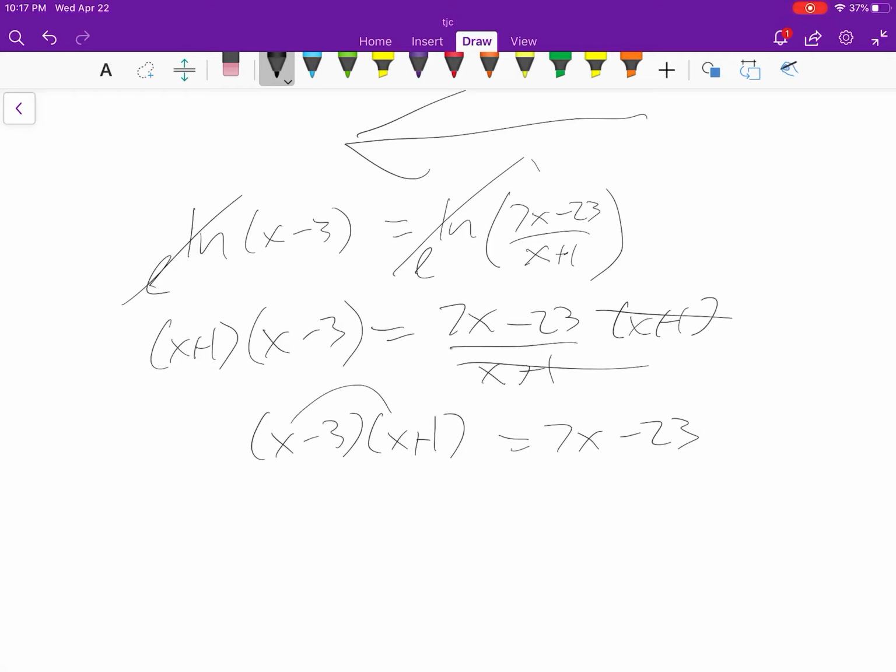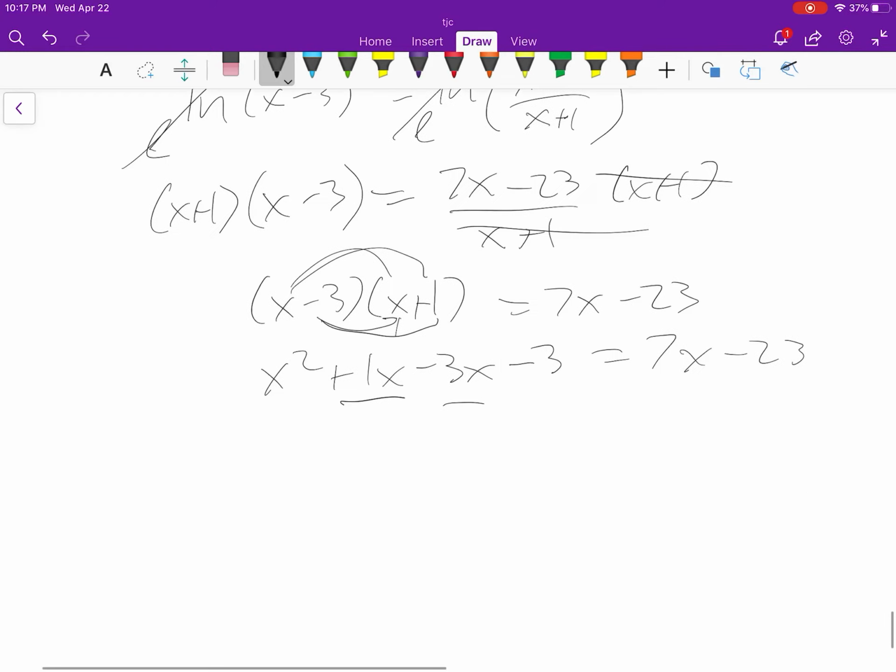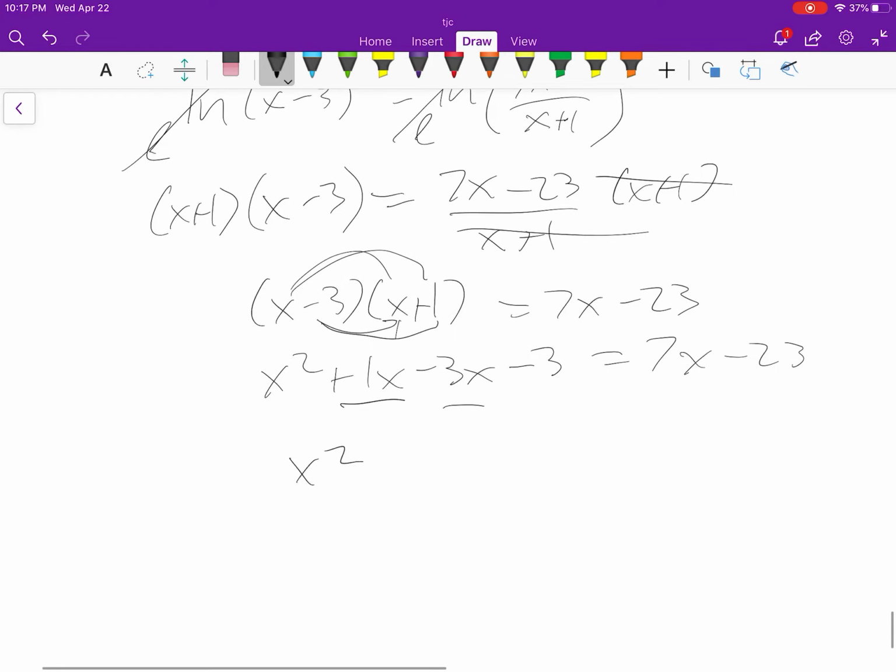We're going to go x times x, x squared. X times 1 is 1x. Negative 3 times x is negative 3x. Negative 3 times 1 is negative 3. Right-hand side doesn't change. Combine like terms on the left-hand side, here and here. Get x squared minus 2x minus 3 equals 7x minus 23.